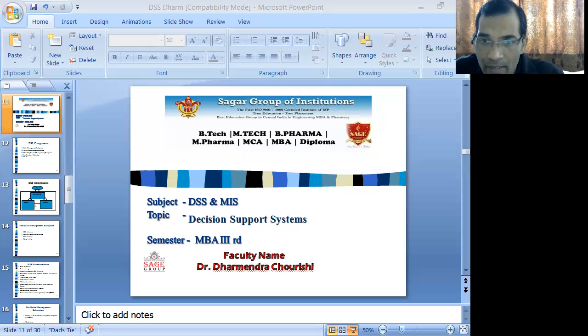Expertise is provided by the expert system or other intelligent system. So some calculation, some expected results or expected pattern will be given to the system, and the system will calculate and provide you the result.